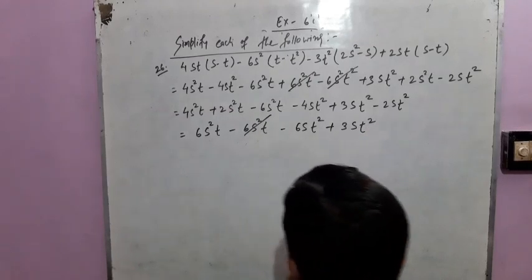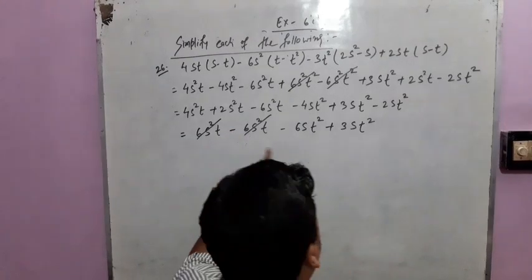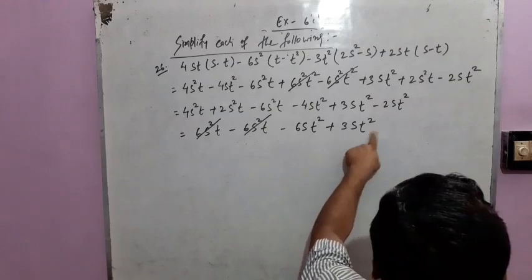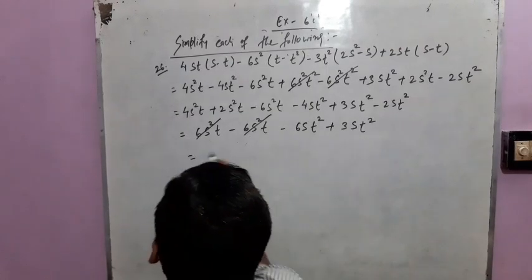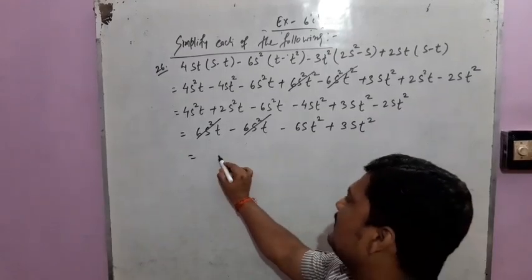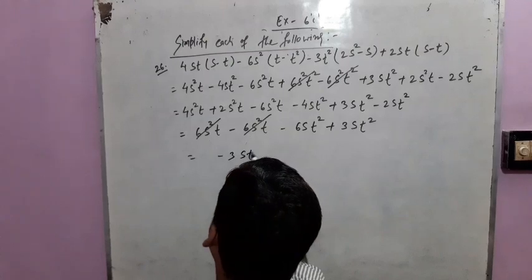Minus 6s square t and plus 6s square t both reduce each other. Now what remains here? Minus 6s t square and plus 3s t square. Both are the similar terms, students. So when you solve it, here 6 is greater, so put the sign of minus here. 6 minus 3, that is 3 here, and s t square.